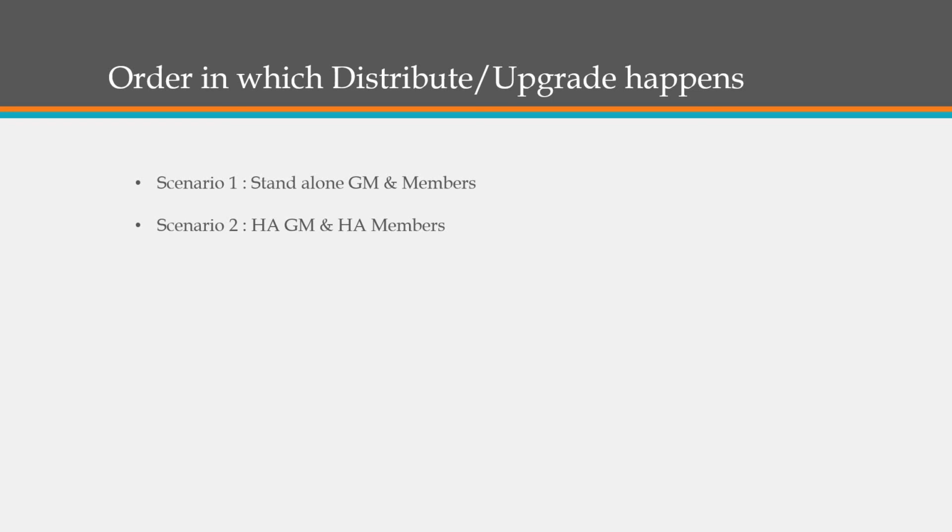That will be less than 10 to 15 seconds, but there would be some impact for those 10 to 15 seconds when the actual failover is happening and the services are being taken up by the former passive node, which has now transitioned to the active node. So that's how the upgrade process happens.